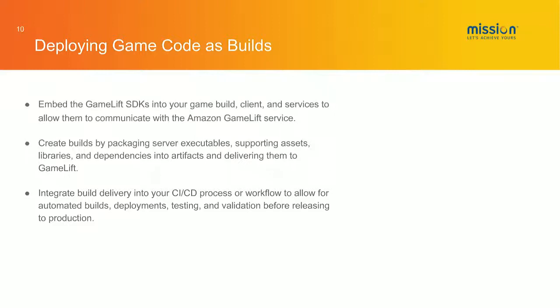So to go into some of the components, the first one that we're going to talk about is the builds. In GameLift, there's a concept of a build, so it's an object that's stored in GameLift that you reference when you're creating fleets. But all it really is, is a version of your game code. So if I'm working on a multiplayer game and I'm developing it locally on my computer, I'm committing it into some source control repository.